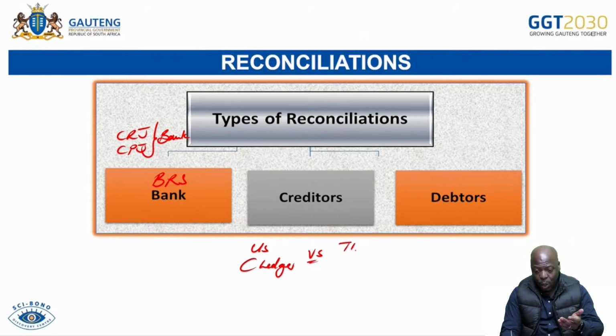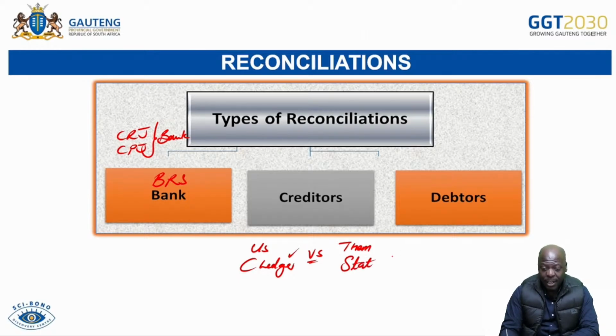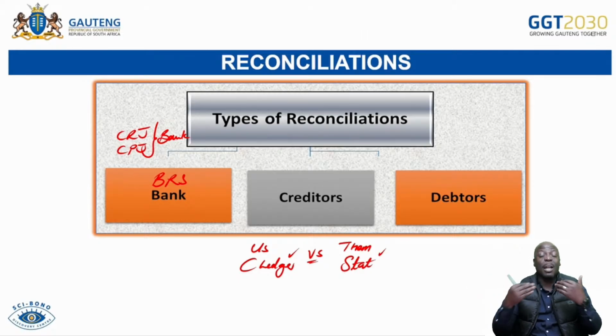And last week we called them our creditors. So then you compare it with the statement. So it was the ledger against the statement. And last week we did a number of activities of this type where we had errors and omissions, comparing the ledger, what was done by us, against the statement that is prepared by our creditors.